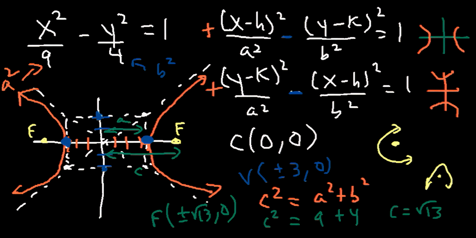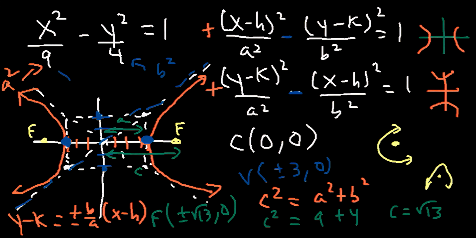Now the only other thing that we need to do for this type of graph is find the asymptotes. The equation for the asymptotes is y minus k equals, now it can be b over a or a over b, plus or minus, times x minus h. Here's how you tell. The asymptote is basically a line. And whenever you have a linear equation in slope-intercept form, it's mx plus b.